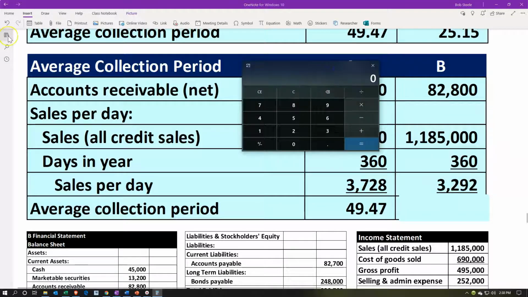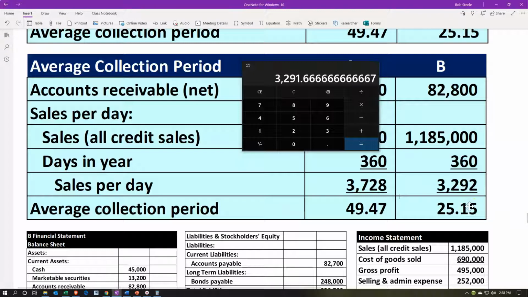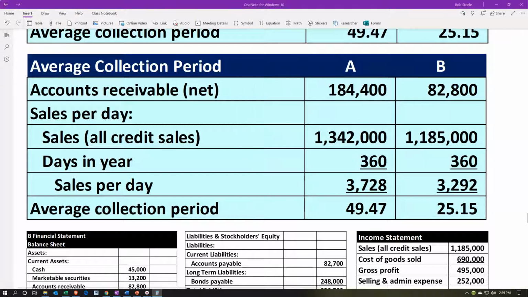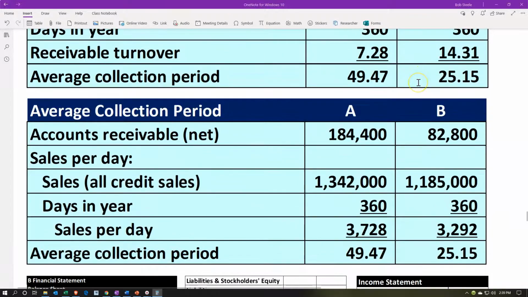That would give us the 1,185,000 divided by the 360, or about average sales per day, 3,292. And then if we took our 82,800 divided by 3,292, we get the 25.15 days, same as we got up top.